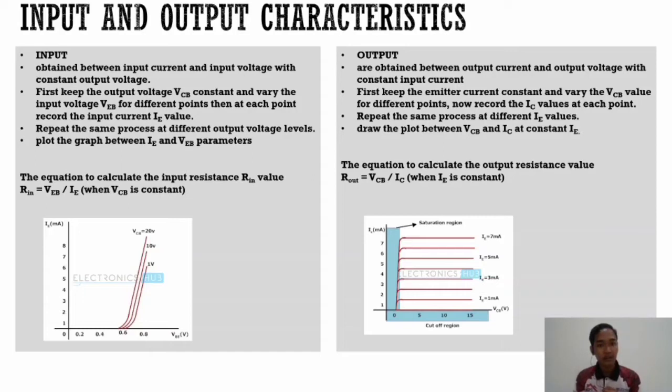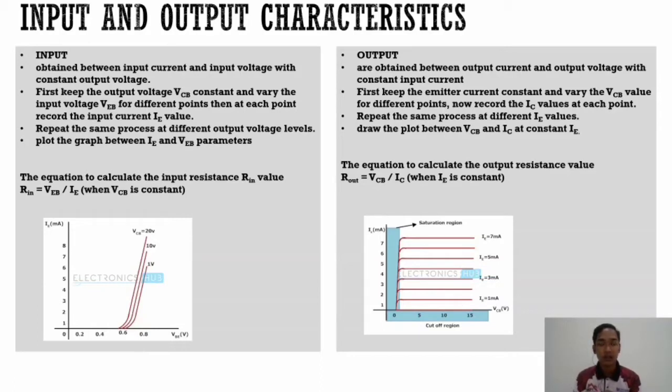Input resistance value when output voltage is constant. Okay, for the output, obtain between output current and output voltage with constant input current.